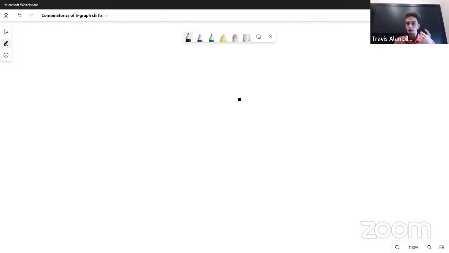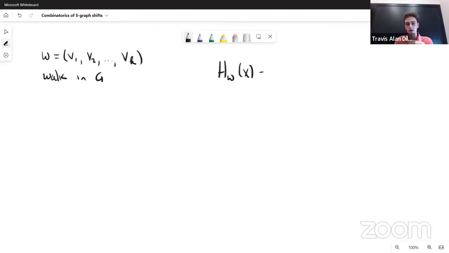To state the first lemma, I'm just going to abbreviate a little bit. If W is a walk in the graph, say v_1 through v_k, and this is a walk in G, meaning there's an edge from v_1 to v_2, from v_2 to v_3, and so on, then I'm going to write h_W of x to be the product from i equals 1 to k of the power series h_{v_i}.